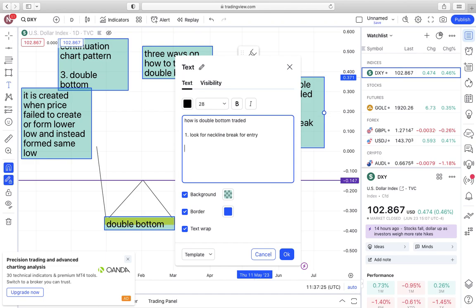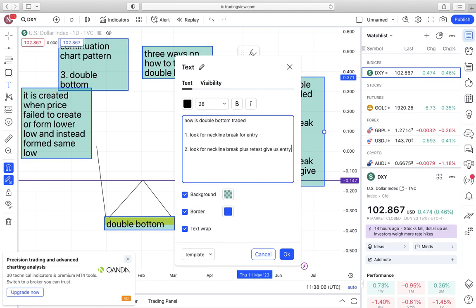Then another way it is traded: I've said that you look for the neckline break for entry, and the neckline break must break with a body. Some people will not wait for a retest, some will wait for a retest. Look for a neckline break plus retest, which will give us entry.